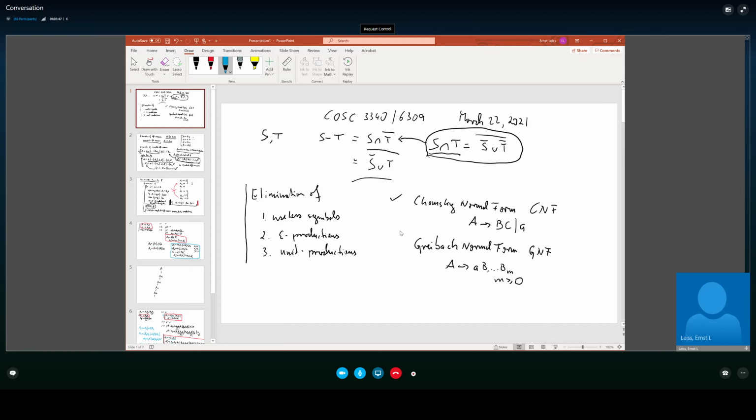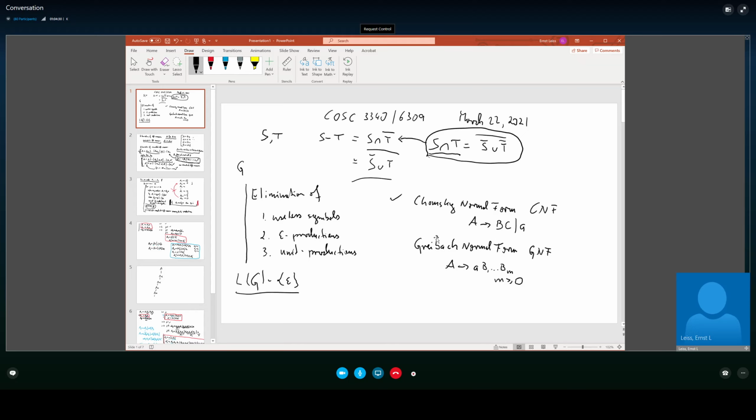If you start with your original grammar G, then once you've done all that elimination business, you will have a grammar that generates everything except epsilon, if epsilon was generated before. If it wasn't, then of course it is exactly the same thing.